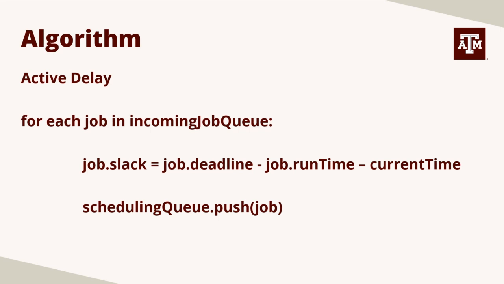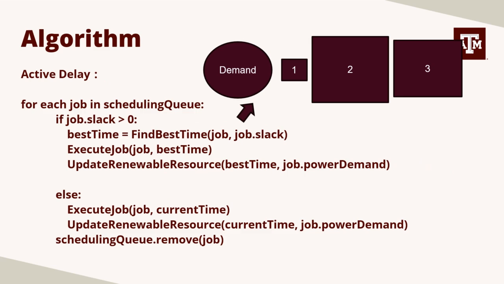And for a given job in the scheduling queue, search for the optimal execution time within its available slack time. This optimal is defined as the moment that maximizes renewable energy usage.